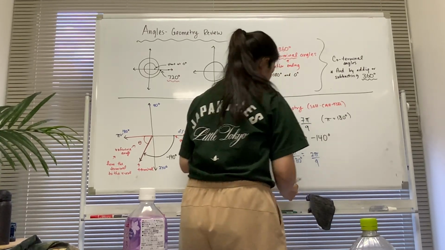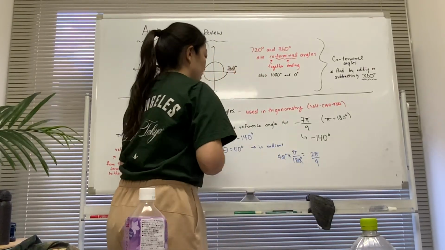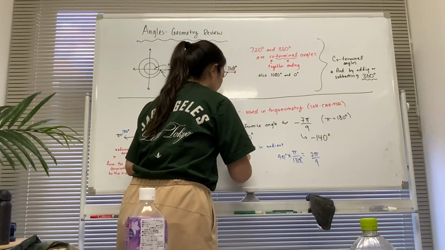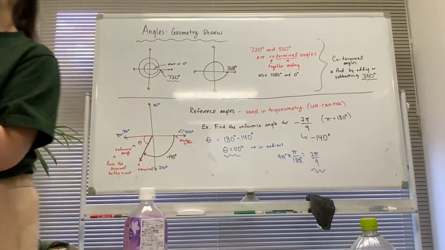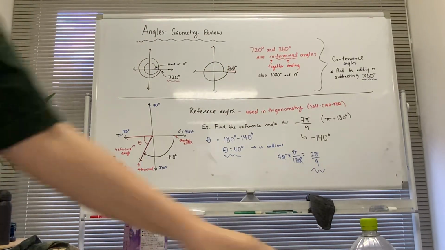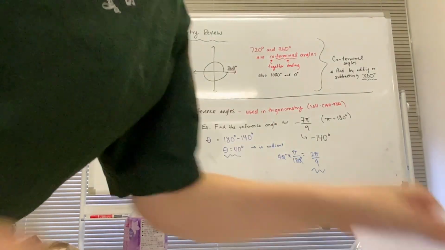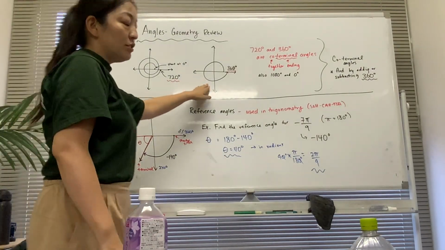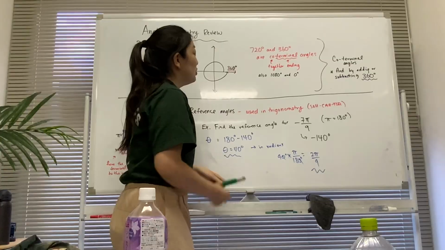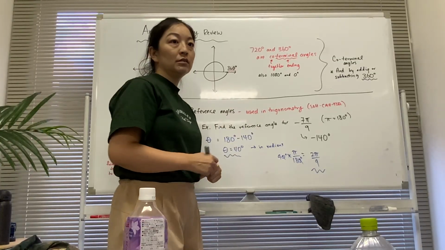Okay. So we're gonna focus today on finding reference angles and coterminal angles. And I believe that's it, right? Yes. As a last point, you can also find a negative coterminal angle.